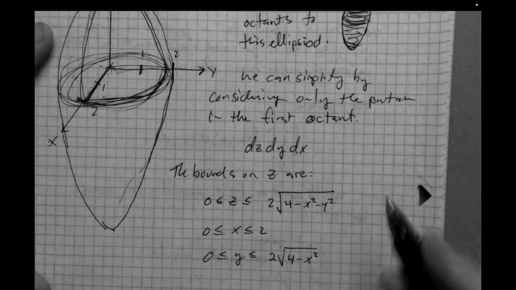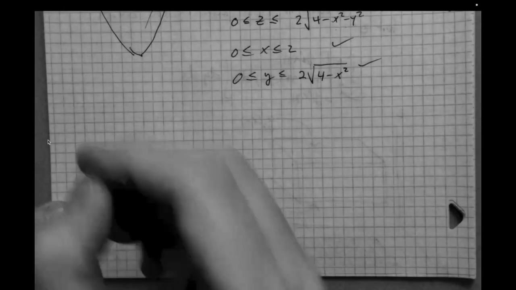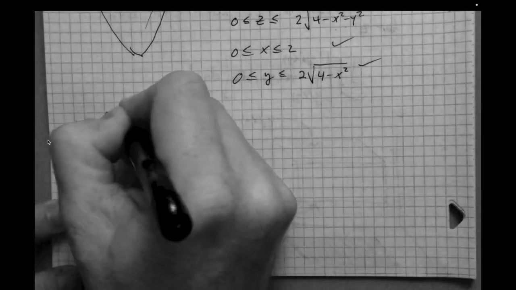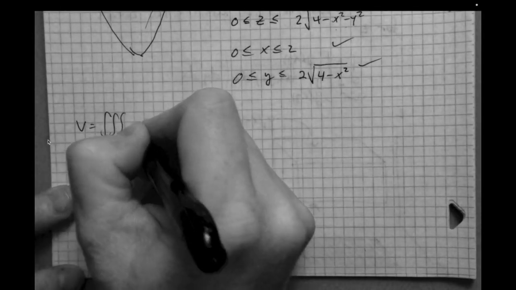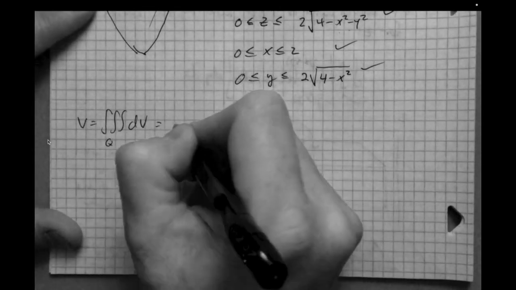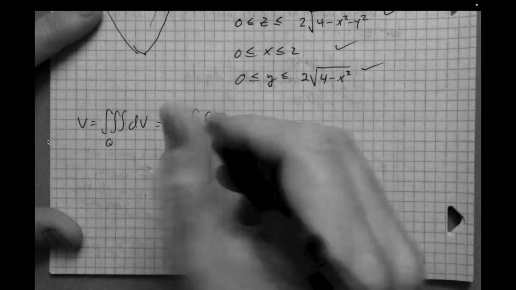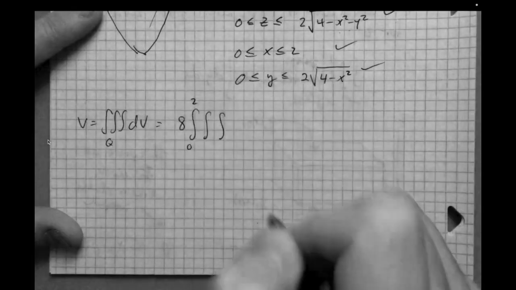Okay, and so we can use this information to set up the triple integral. We'll just write it out first. Remember to multiply by 8, since we broke it into 3 parts. The outer bound goes from 0 up to 2.